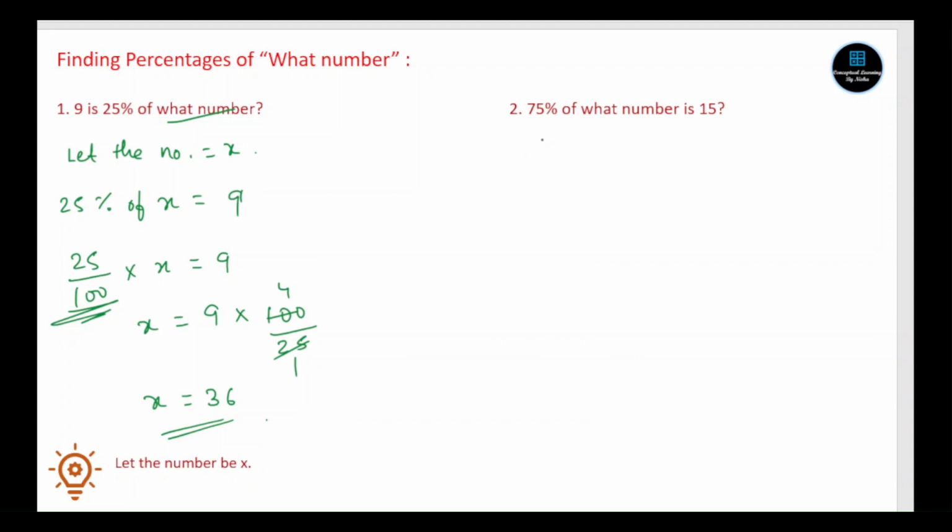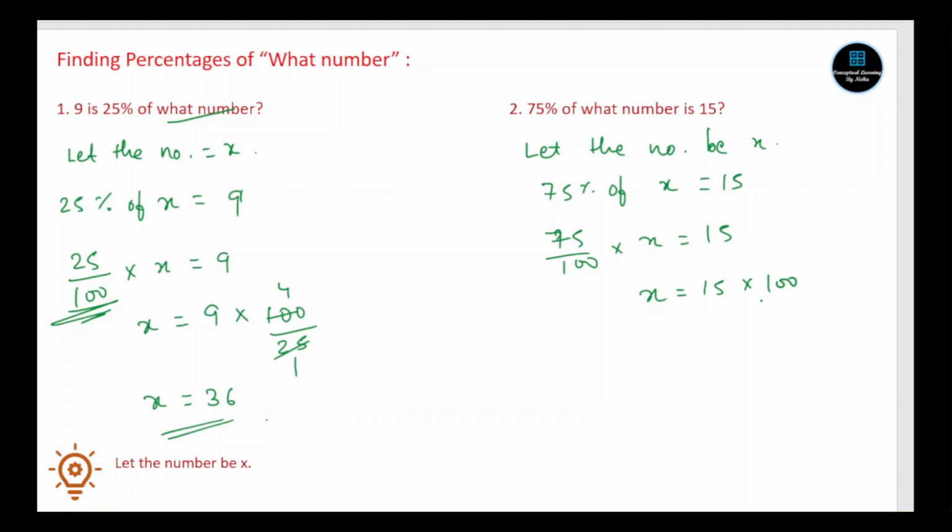Same way, now 75% of what number is 15? Let the number be x. So 75% of x is equal to 15, and I can find x. 75 upon 100 into x is equal to 15. x is equal to 15 into 100 upon 75.